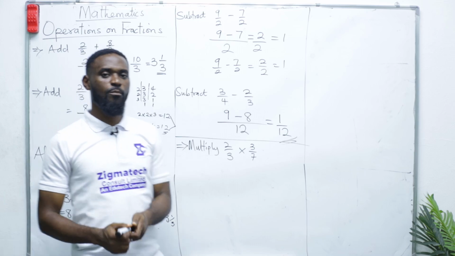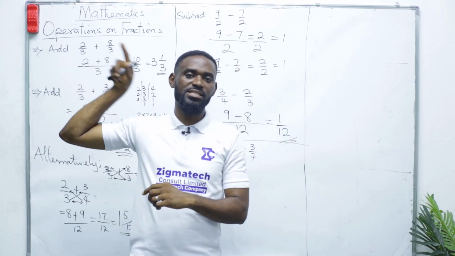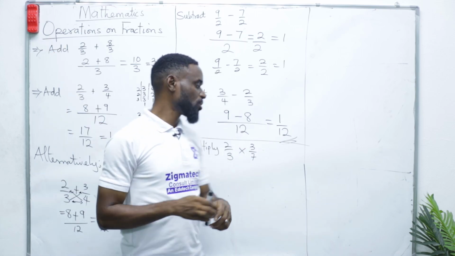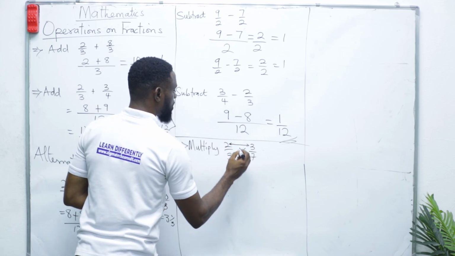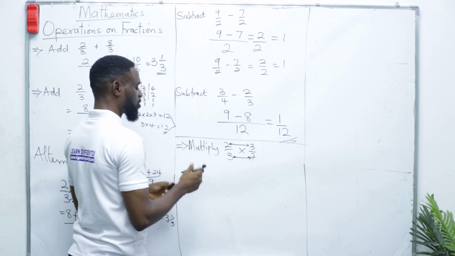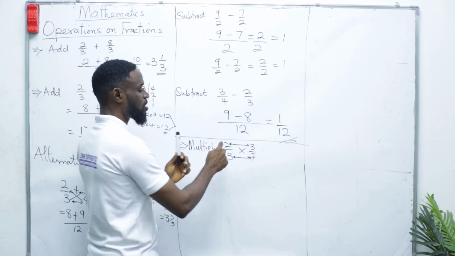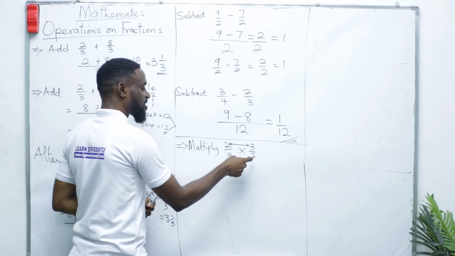Remember, the rule for multiplication says that the numerator has business with the numerator, and the denominator has business with the denominator. So what that means is this multiplied by this, and this multiplied by this. The multiplication can either be 3 times 2 or 2 times 3. That's why I have the 2 arrows, pointing this way and this way. It can also be 3 times 7 or 7 times 3.